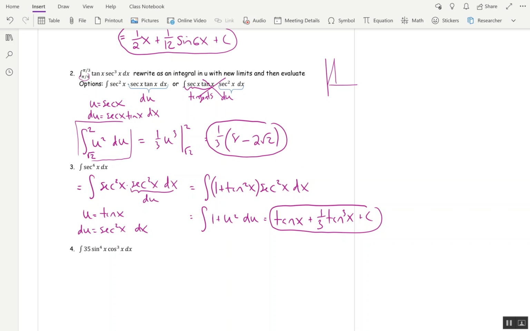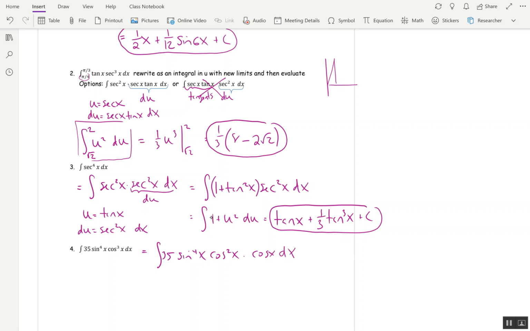All right, and the next one is powers of sine and cosine. The guiding principle here is if there's an odd power, then you can peel off, in this case, there's an odd power of cosine, so we're going to peel off a cosine and turn everything else into sines. So sine 4x, cosine squared x, cos x dx.